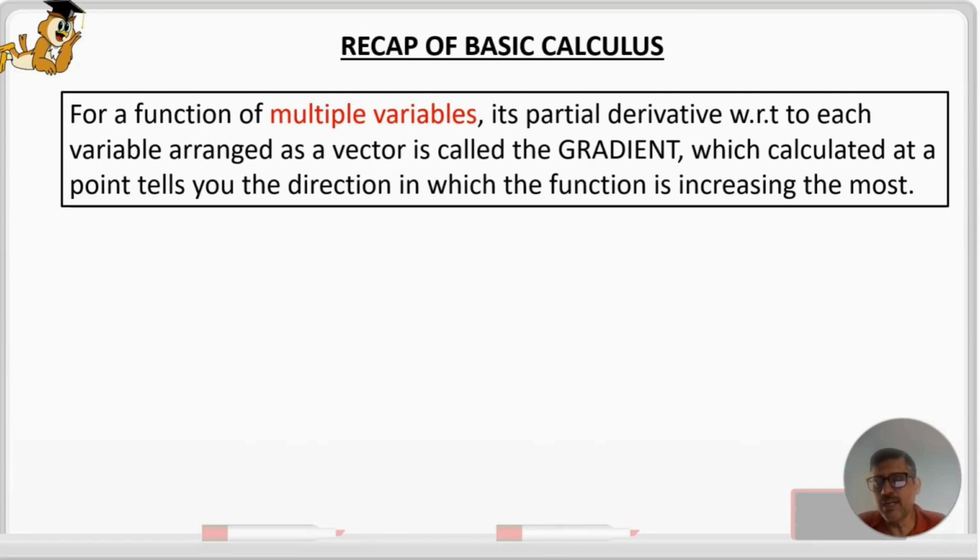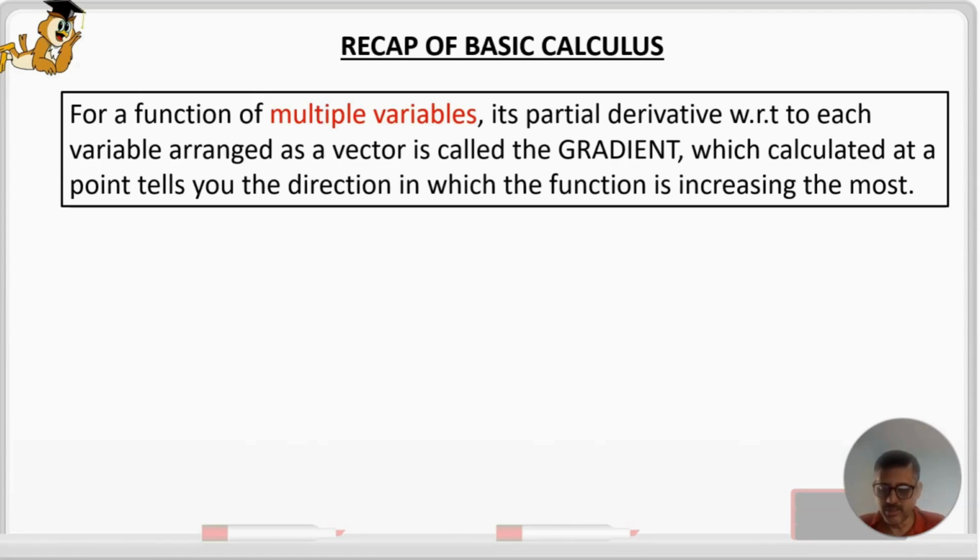In one dimension, the example that we saw earlier, there are just two directions: plus direction, minus direction. But once you start going to multiple variables, even two variables, three variables, etc., you have infinite directions. And if you calculate the gradient of a function at a particular point, it tells you the direction in which the function is increasing the most.